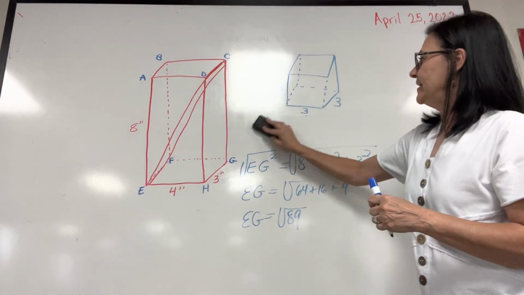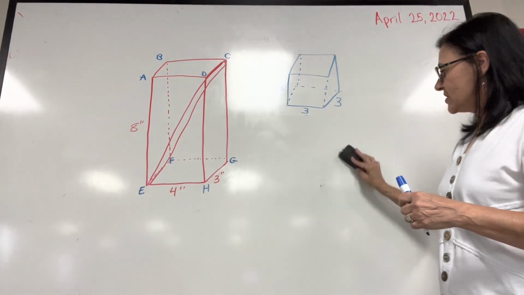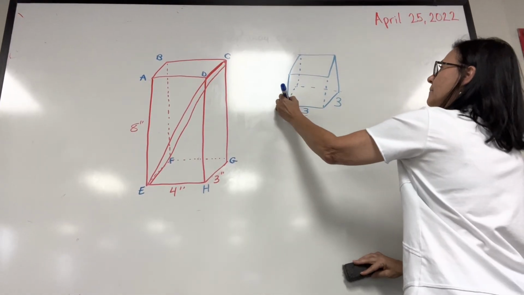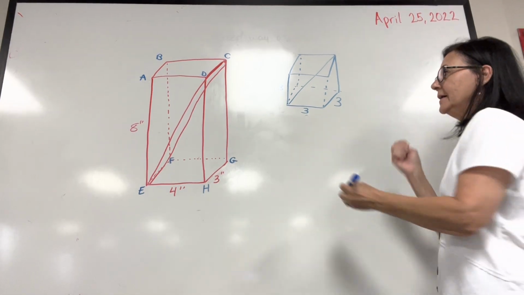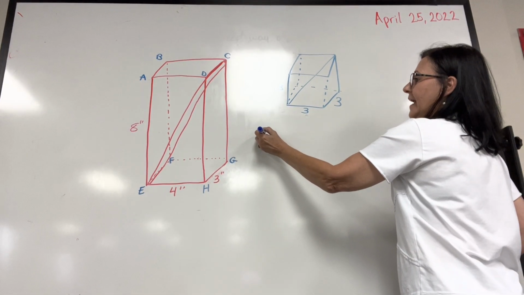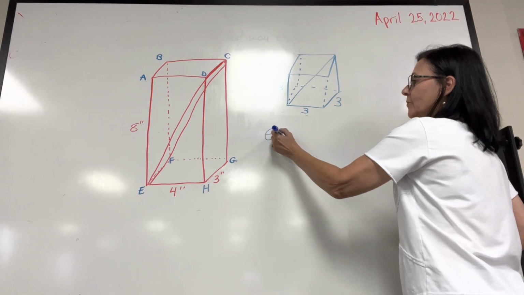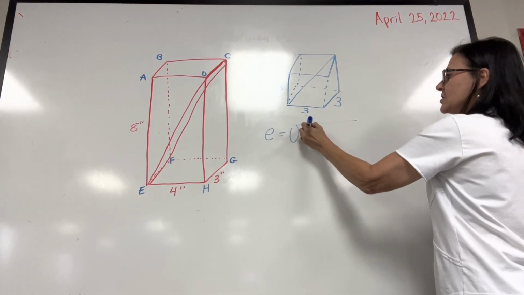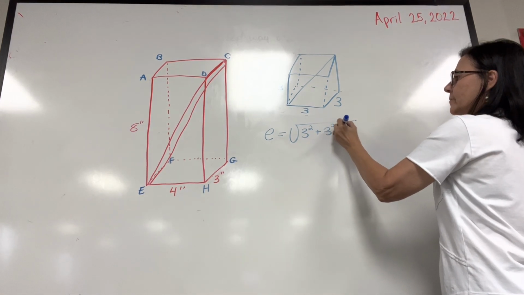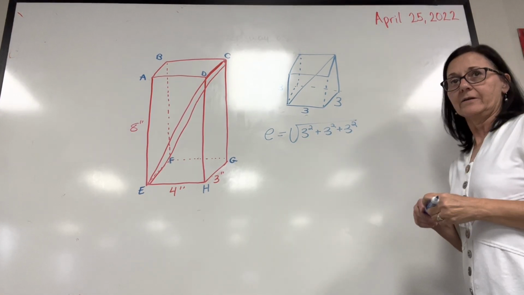Okay, so what would my diagonal be? The diagonal would be the square root of 3 squared plus 3 squared plus 3 squared.